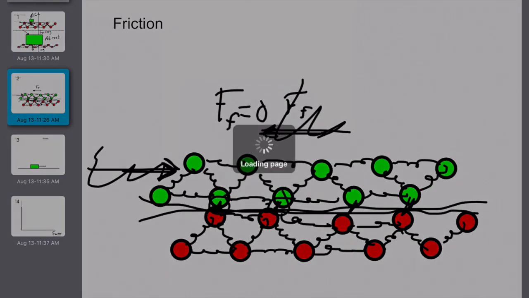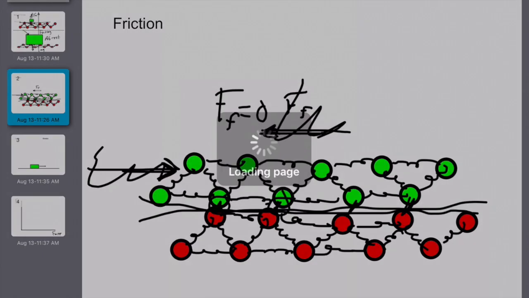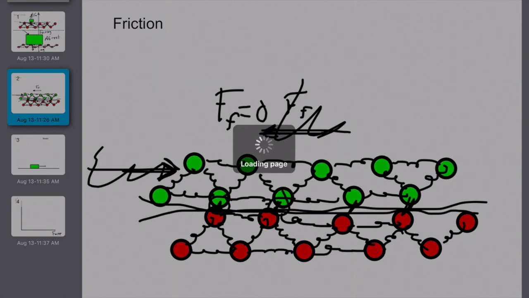Static friction is when the two surfaces are at rest relative to each other. And when you have static friction, there's a maximum amount of static friction that ends up being important.